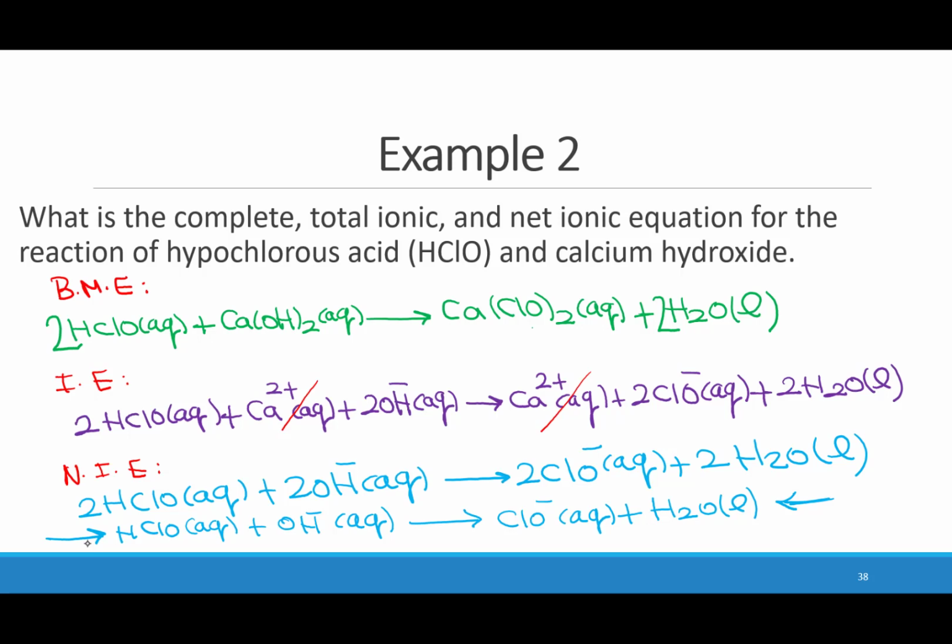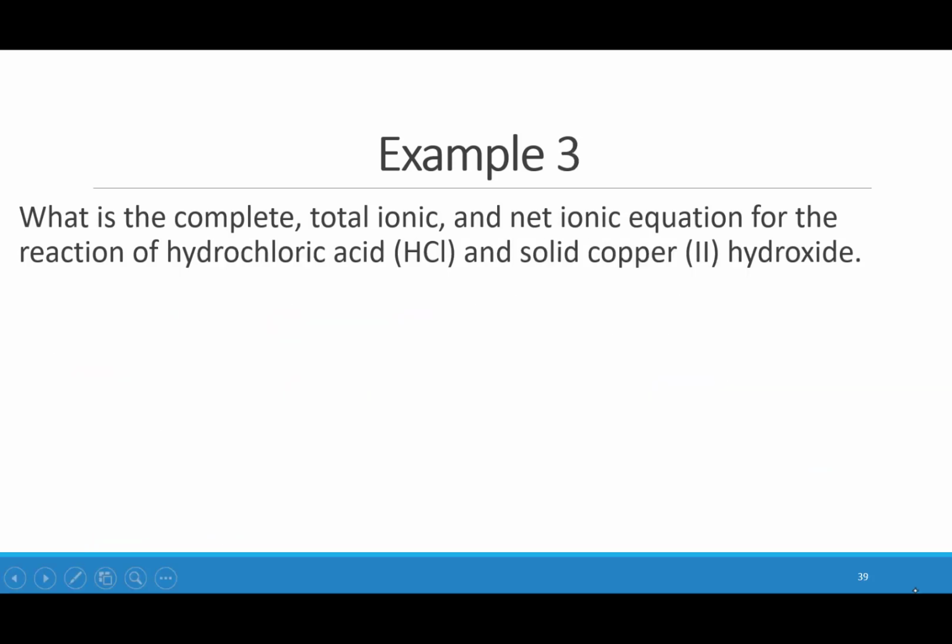All right. Let's do example 3. Example 3, you're going to write, again, a balanced molecular, ionic, and net ionic equation for the reaction between hydrochloric acid and copper 2 hydroxide.